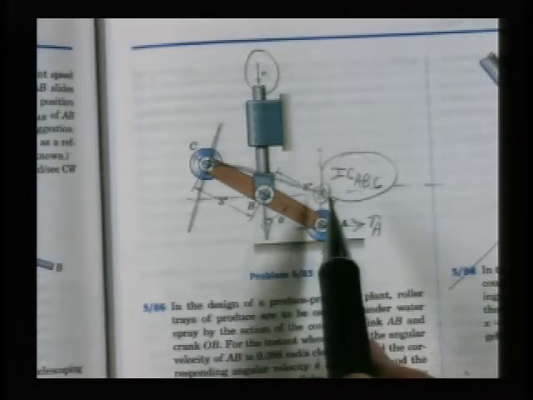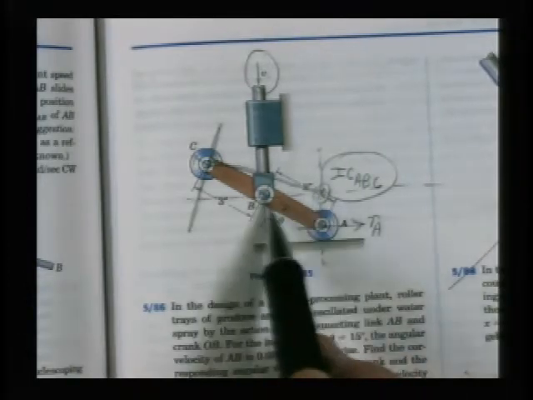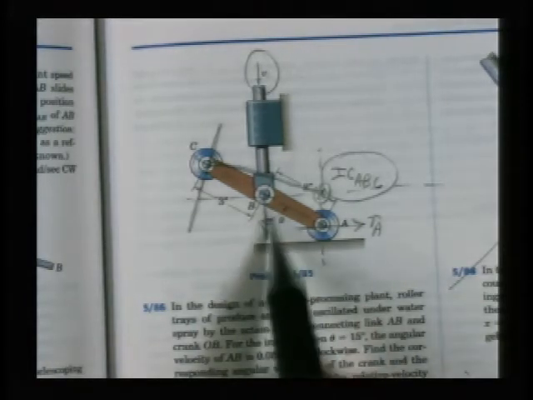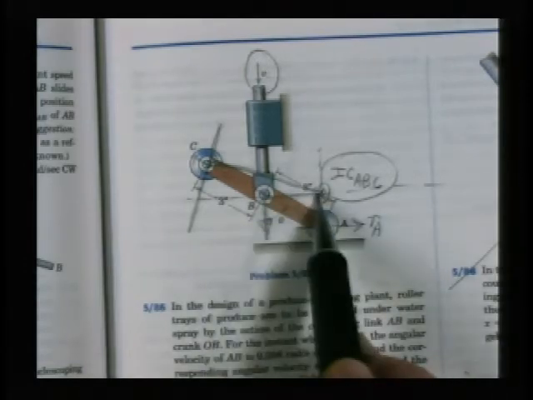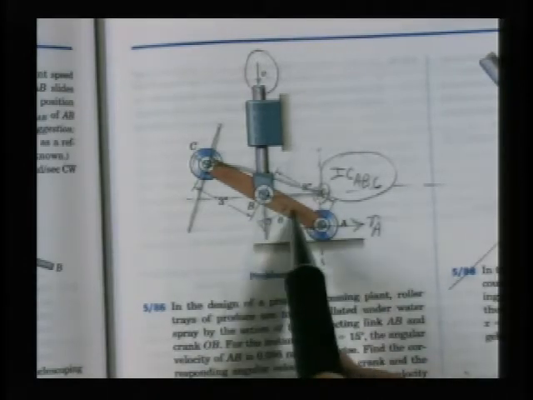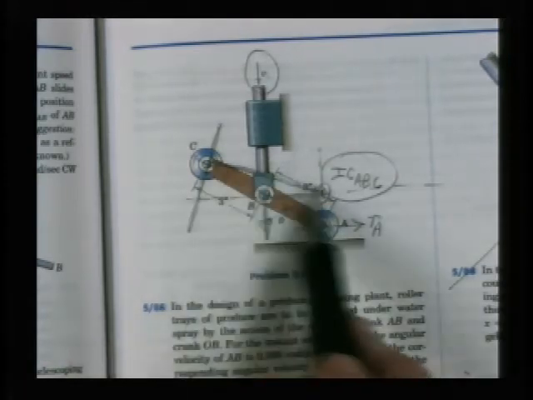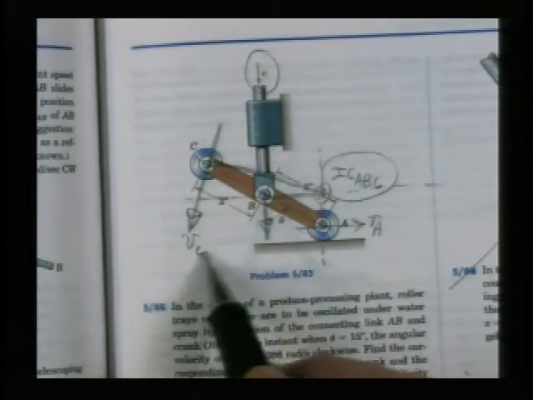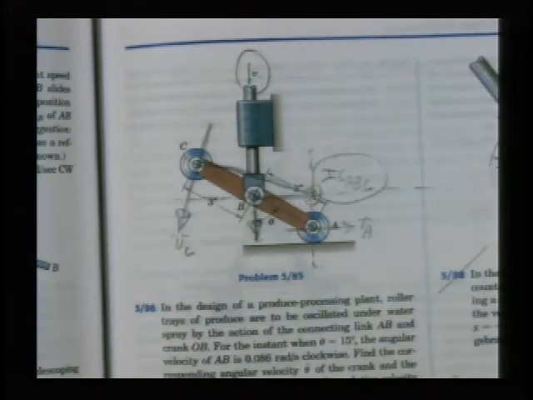So if you geometrically can figure out where that location is, and you know the velocity of this point, you divide this velocity reading by this length. That's going to give you the omega of this colored member, and then you're going to take that omega and multiply it by this length to get the velocity of this point C over here. Simple geometry to do that.